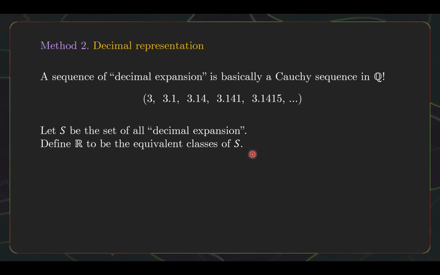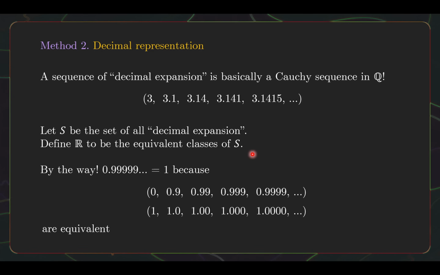And in fact, here is a fun fact. If you understand this definition of real numbers, you might have seen certain memes saying that 0.999... equals 1, but you might not really understand why this is the case, right? With this definition, you can now see that this is actually a mathematically correct statement, because 0.999... is talking about this decimal expansion sequence, and 1 is talking about this decimal expansion sequence.